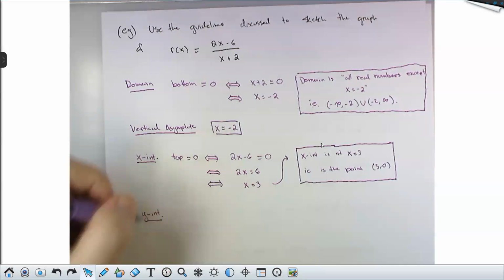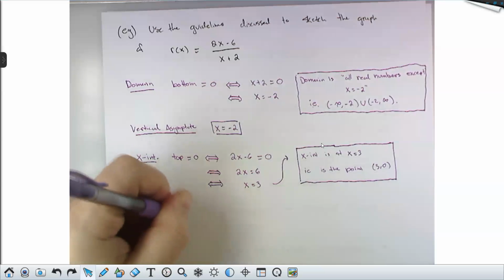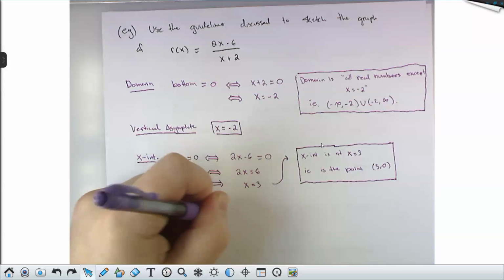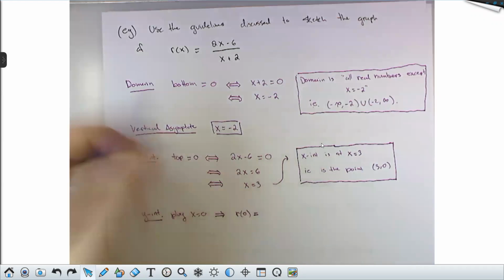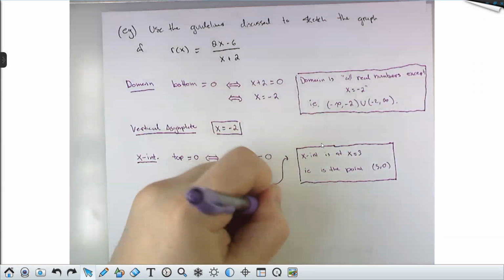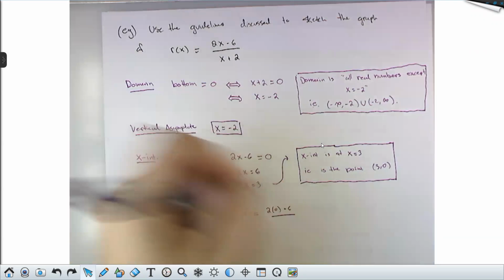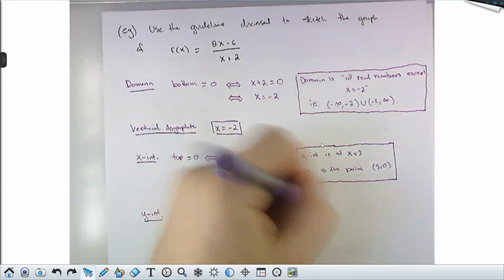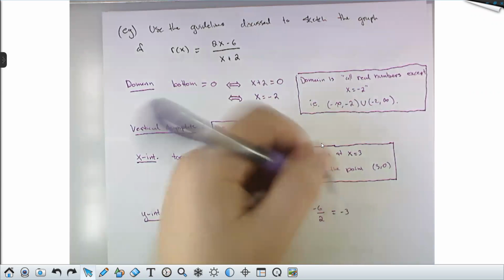Y-intercept. This always comes from plugging in x equals 0. So r of 0, I plug 0 in for x in this expression, I get 2 times 0 minus 6 divided by 0 plus 2, which is negative 6 over 2, which is negative 3.